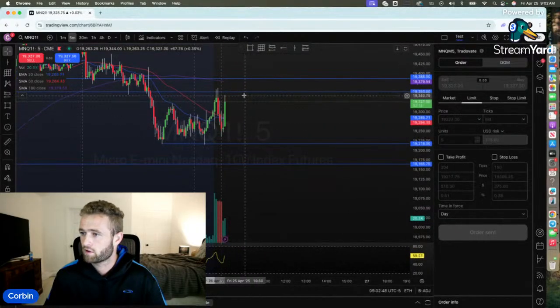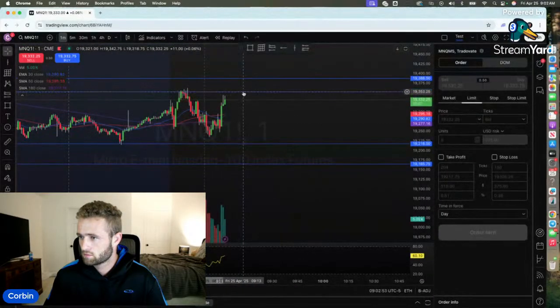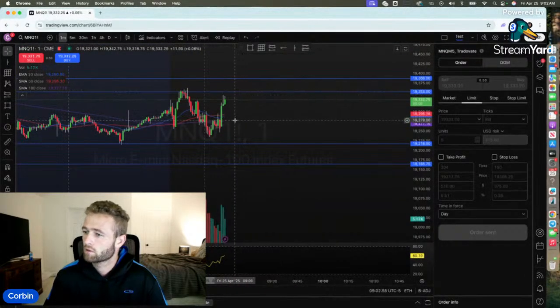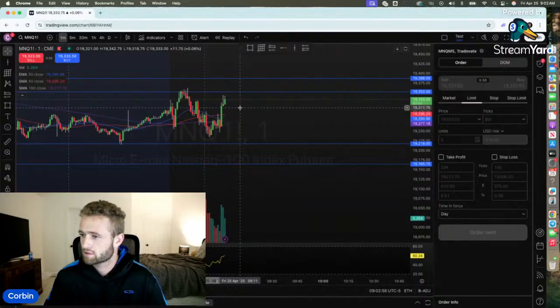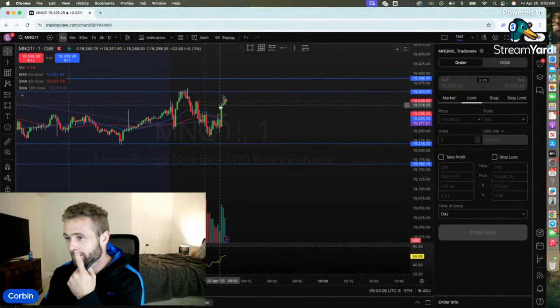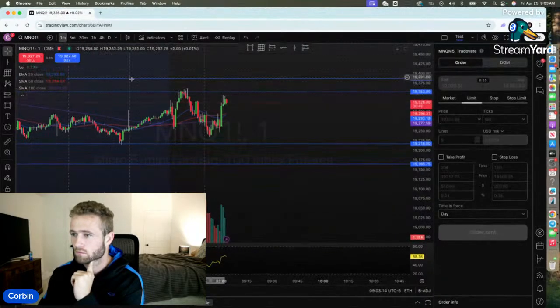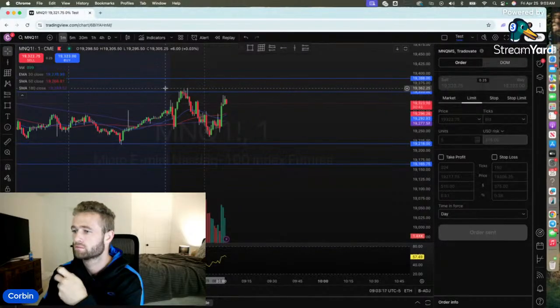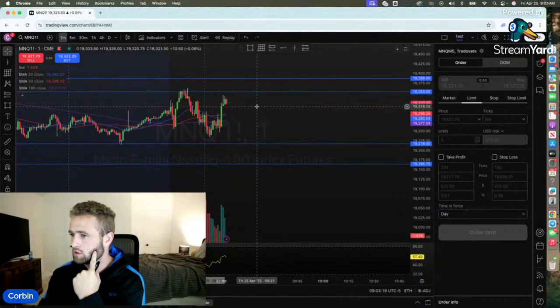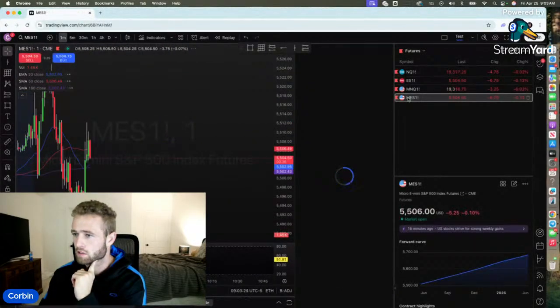So you can see 5 day, 5 minute. There's still break of structure here to the upside. Strong pattern. I want to see how it reacts to these levels again. I want to take a look at the ES2.